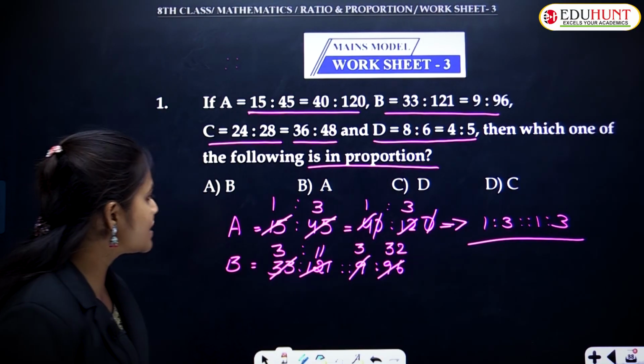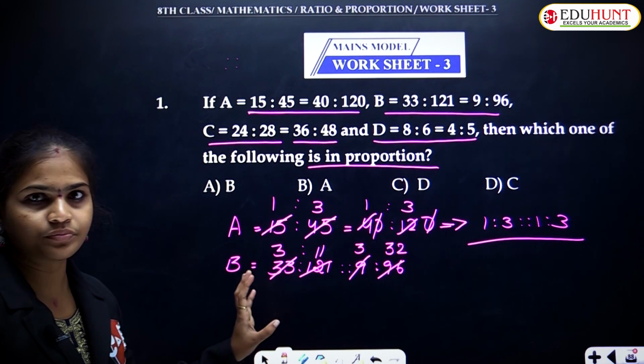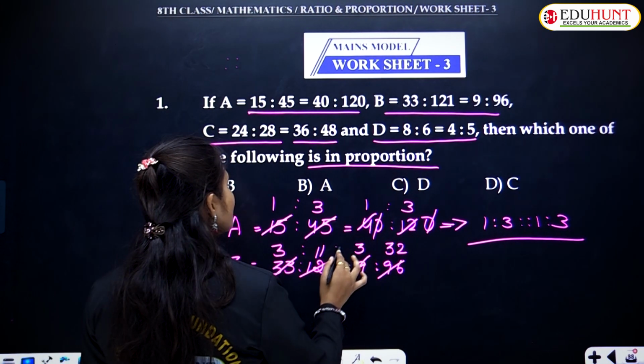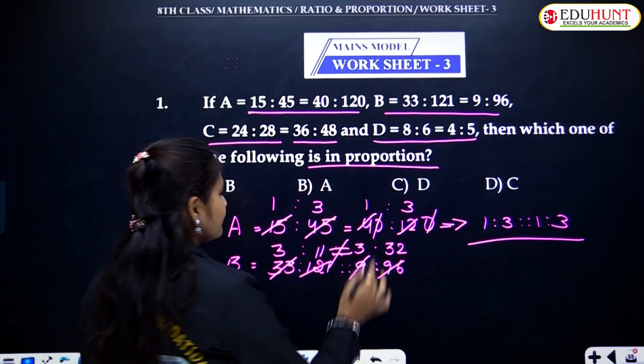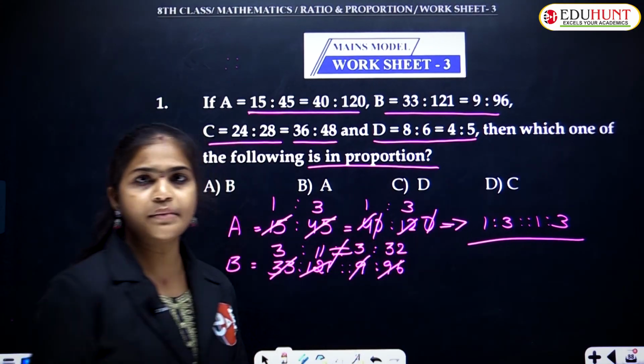Any other cancellations? See, so 3 is to 32. Other cancellations are not possible. That's why we can say that these two are not in proportion. So these two ratios are not equal. 3 is to 11 is not equal to 3 is to 32. Am I clear to you?